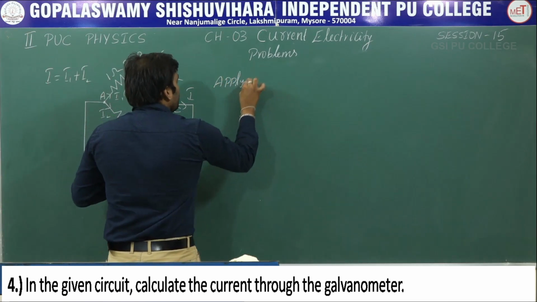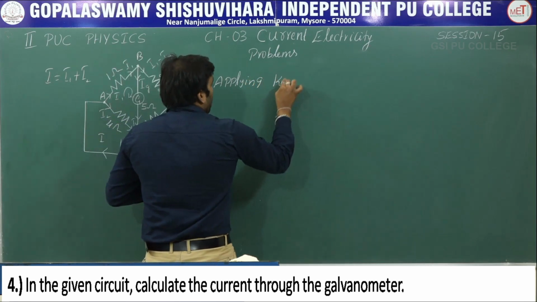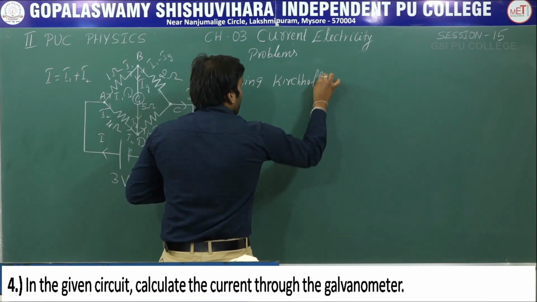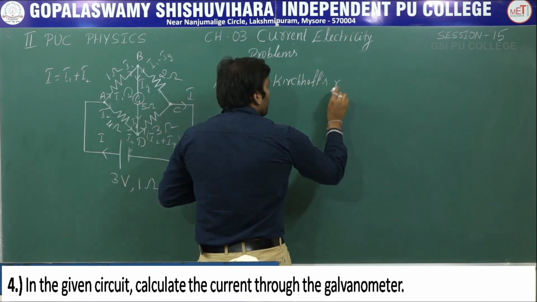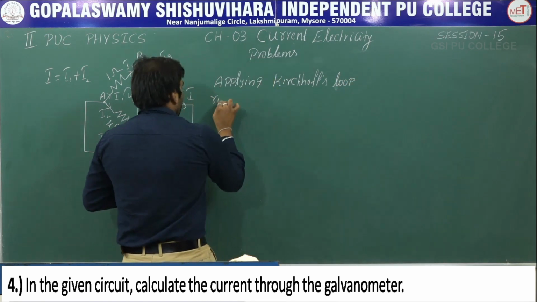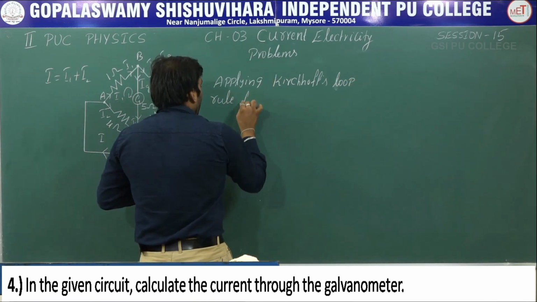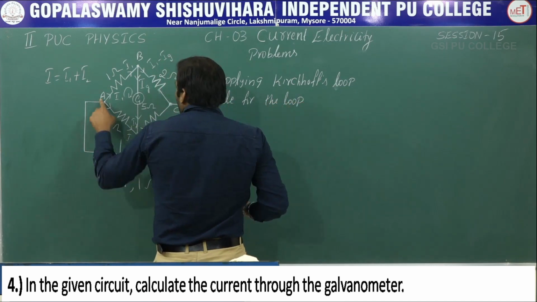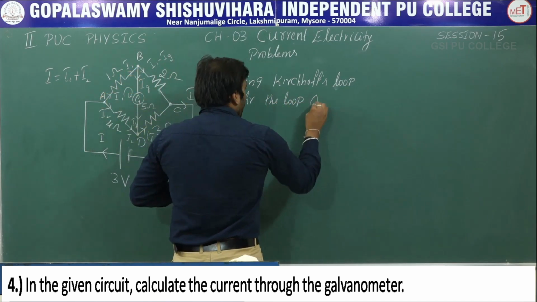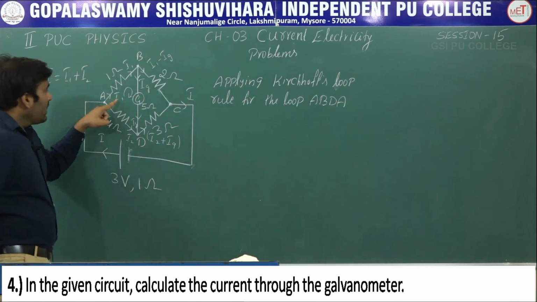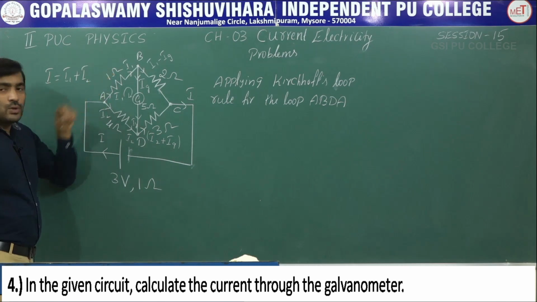Applying Kirchhoff's loop rule for the loop A, B, D, A. Here current is I1, resistance is 1 ohm.